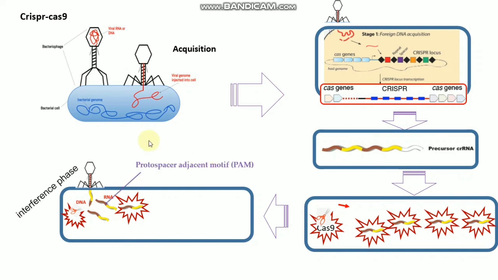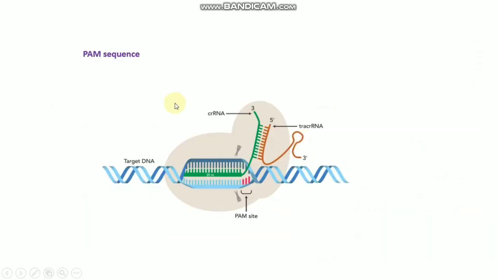The short DNA sequence that is targeted for the cleavage is called the PAM sequence, the protospacer adjacent motif. So let's have a look at what the PAM sequence is elaborately.